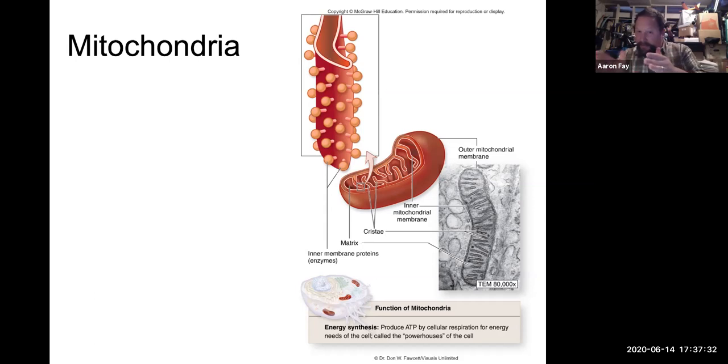I'm not going to test you on this, but I want to talk about something called the endosymbiont theory of life. It is believed that where eukaryotes came from, long ago, like 3 billion years ago, you had some very large cells that were good at protecting themselves, but they didn't really make a whole lot of energy, and they were very, very simple.